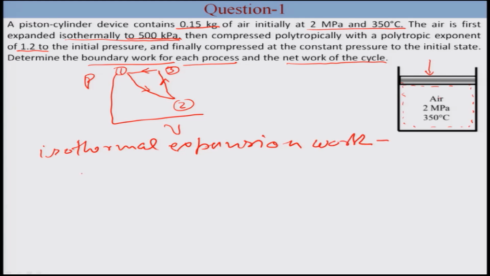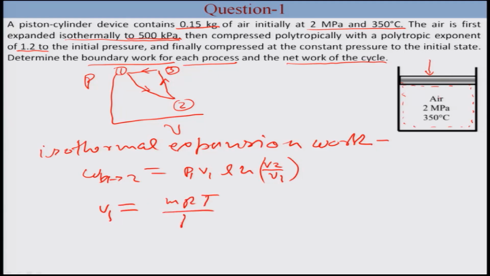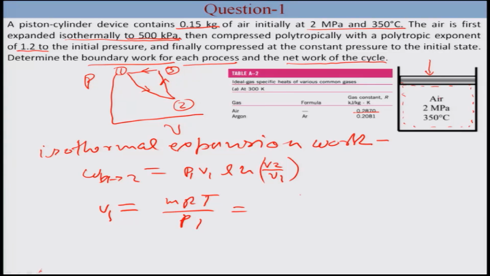Work in isothermal expansion, W_B from 1 to 2, will be P1 V1 ln of V2 upon V1. Since we don't know V2 and V1, we need to find the initial and final volume of air. From the ideal gas assumption, we calculate initial volume as mRT upon P1. The mass of air is 0.15 kg.